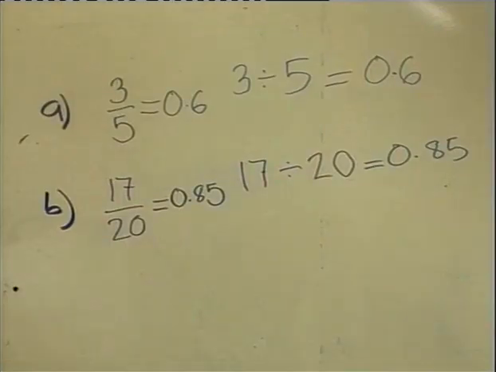Okay, 3 divided by 5 equals 0.6. The decimal for 3/5 is 0.6. And B is 17/20. 17 divided by 20 equals 0.85. That's how I got my answer for A and B.